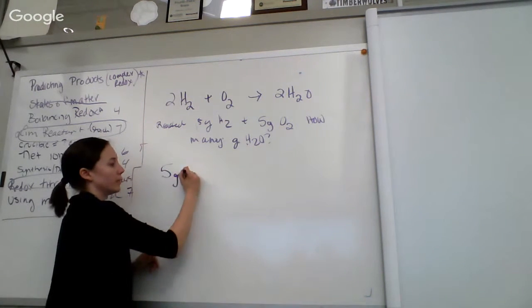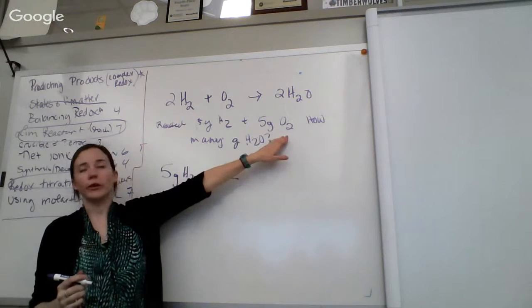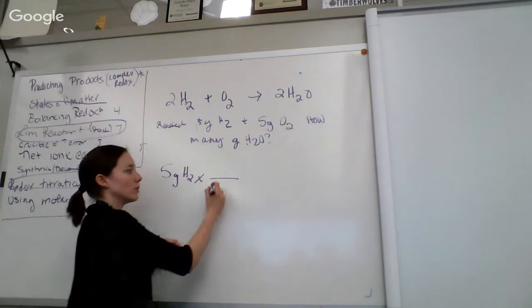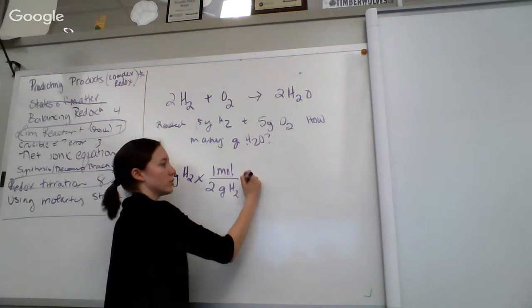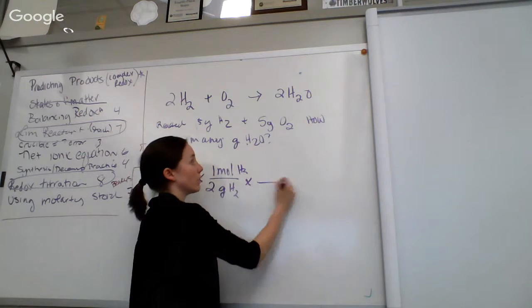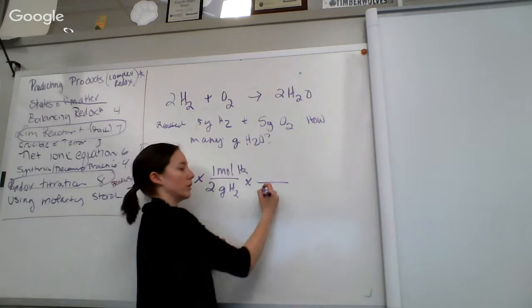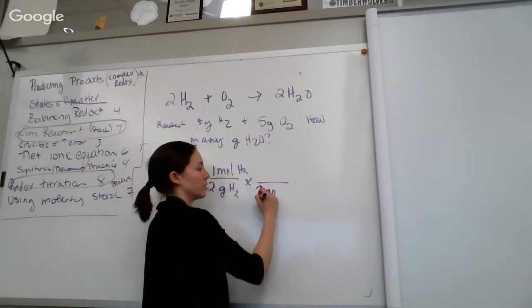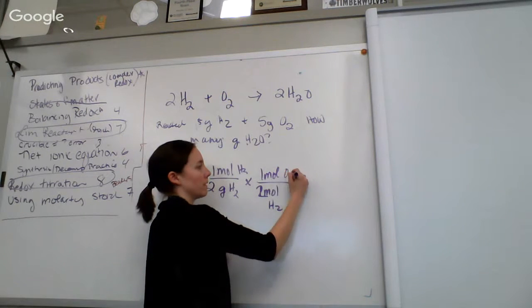So if I have 5 grams of H2, I need to go from grams of H2 to figure out how many grams of oxygen. That would be 2 grams of H2 for every 1 mole of H2. And then according to my balanced equation, it's 2 moles of H2 to react with 1 mole of oxygen.